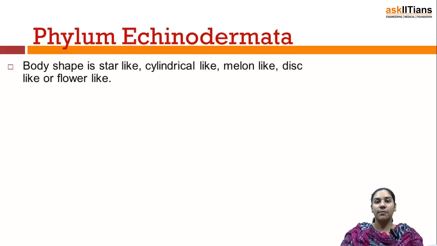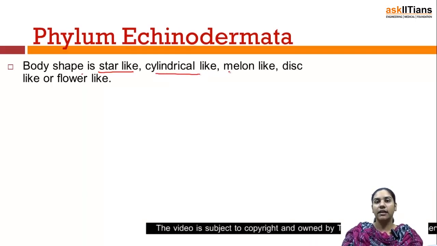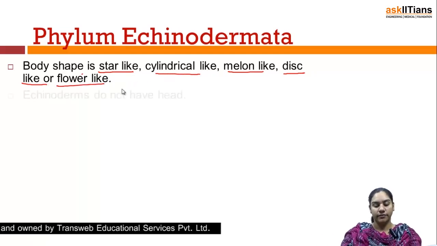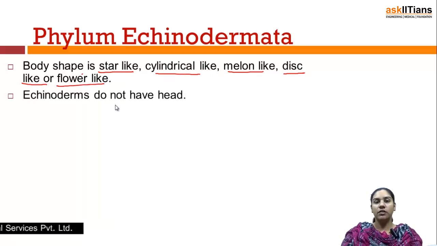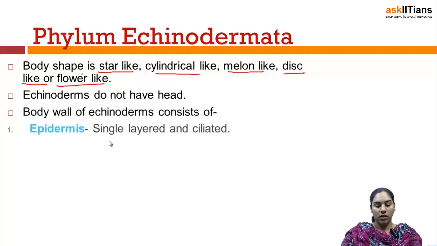The body shape in the echinoderms is star-like, cylindrical, melon-like, disc-like, or flower-like. The echinoderms do not have any head, and the body wall of the echinoderm consists of the epidermis, which is single layered and ciliated.